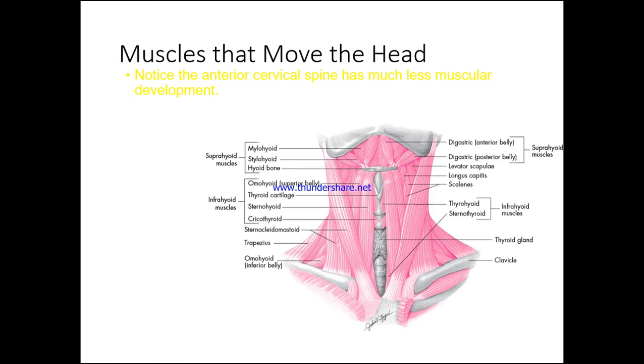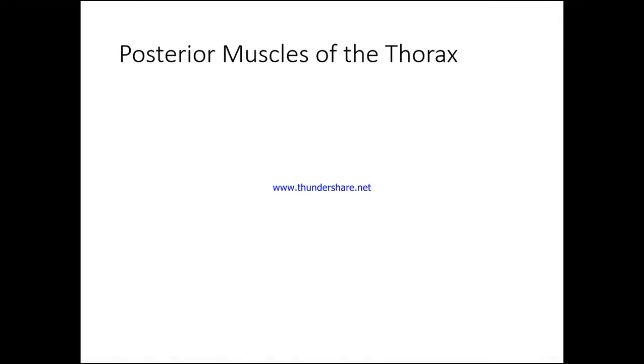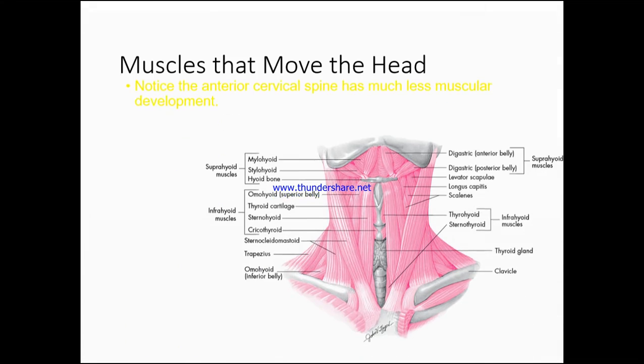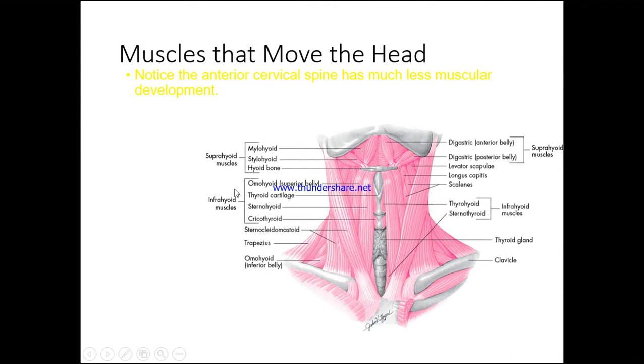So notice the anterior cervical spine has much less muscular development as opposed to the posterior, but we do have some important groups.